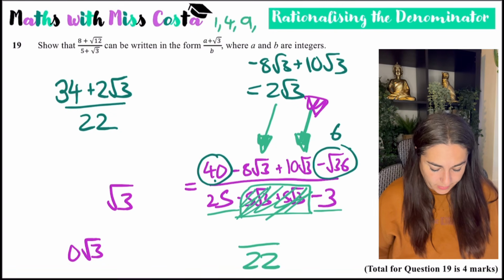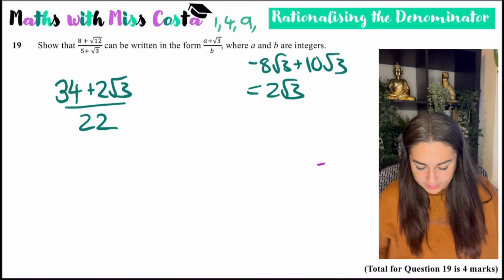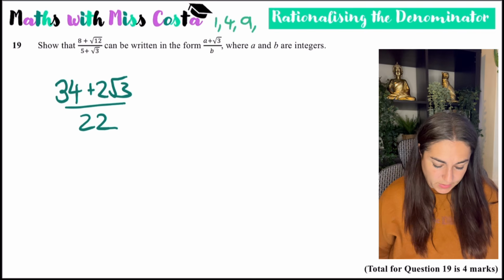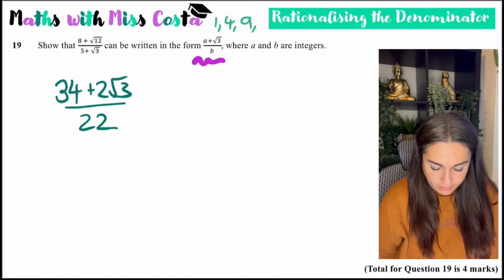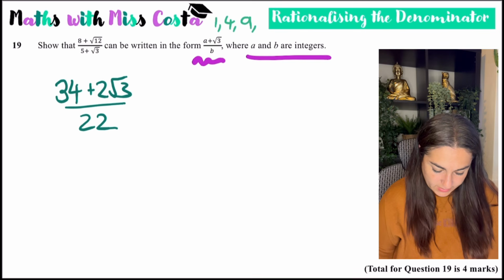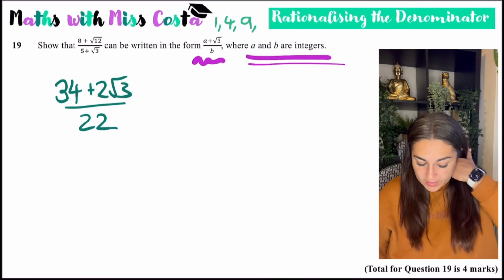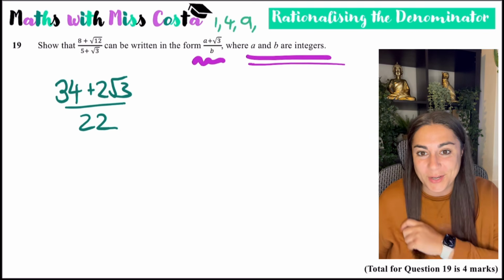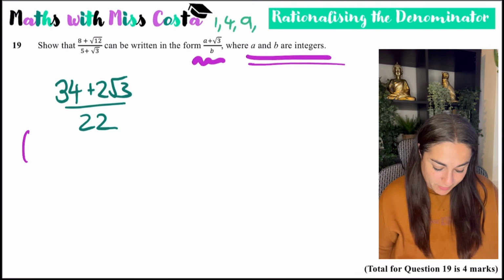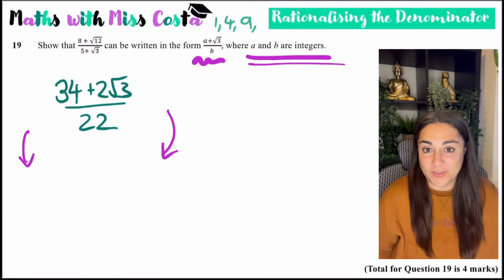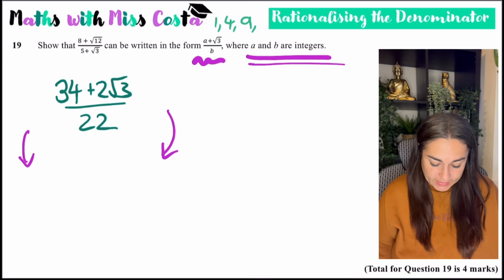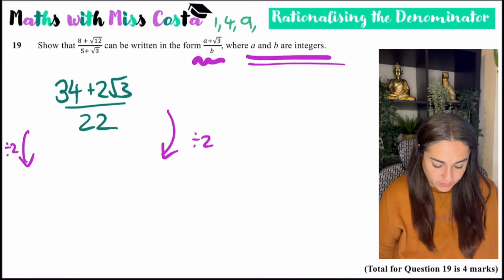So I am going a little bit quickly now because I know how long this video has become. So this is what I've got. Now they said show that this can be written in the form a root 3 over b, where a and b are integers. So just be very careful. We just want to simplify this. We don't want there to be a 2 in front of the root 3. So let's just divide by 2.